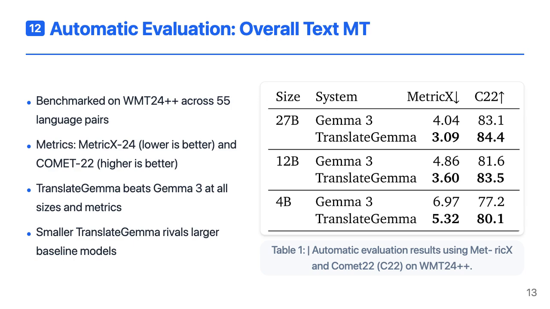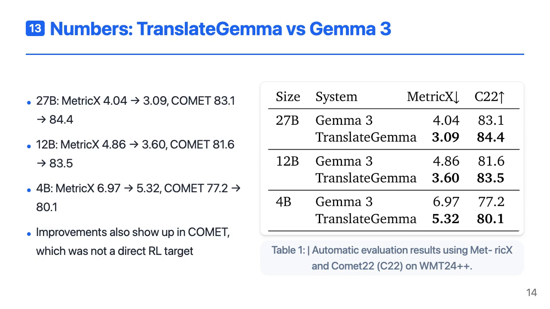In fact, the 12 billion parameter TranslateGemma model surpasses the 27 billion parameter Gemma 3 baseline, and the 4 billion TranslateGemma model reaches roughly the level of the 12 billion baseline. This shows a clear efficiency gain. Looking at the headline numbers, for the 27 billion parameter model, MetricX drops from 4.04 to 3.09, and COMET rises from 83.1 to 84.4.